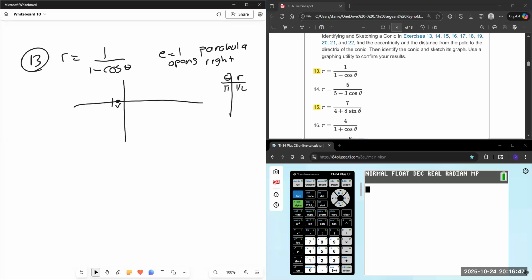And I'll get some points that are going to lie on the y-axis. There's not going to be any other point over here to the right on the x-axis because it opens to the right. So I won't cross the x-axis again. But we can look at pi over 2, and that'll be 1 over 1 is 1. And 3 pi over 2 will also be 1 over 1 is 1.